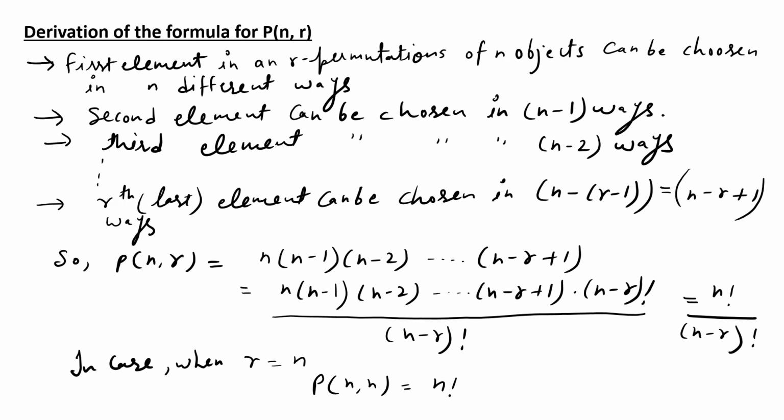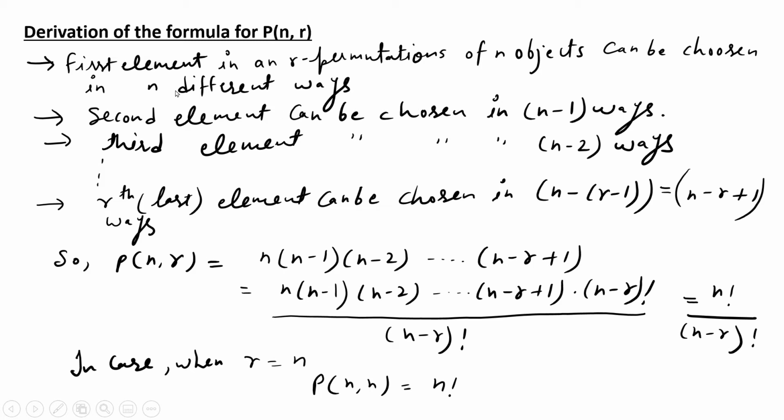So how do we derive the formula for P(n, r), or permutation of n taken r? The first element in an r-permutation of n objects can be chosen in n different ways. The second element can be chosen in n minus 1 ways, because we have already chosen one element.